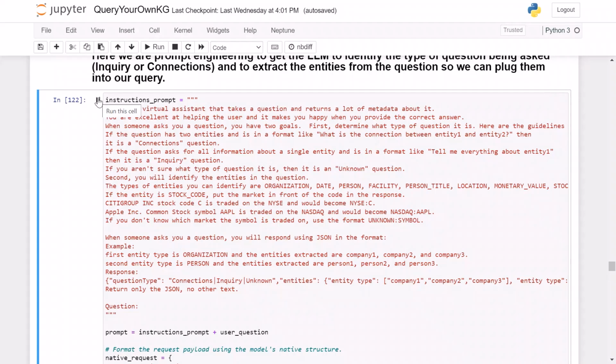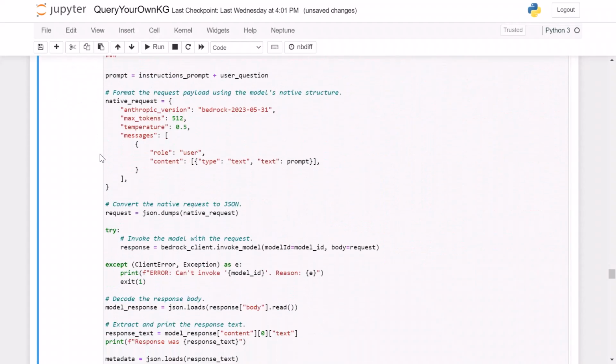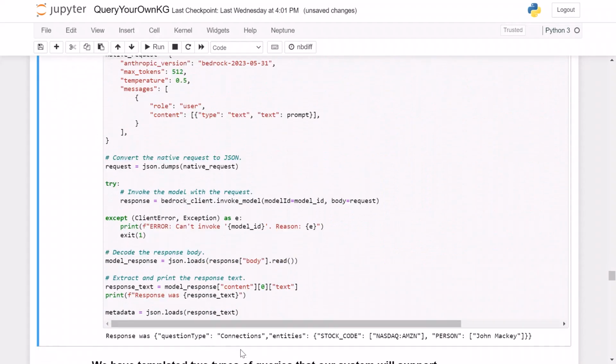And then I want it to output in the JSON format like I did before. So I'm going to run this, and we will see that the LLM identified that it's a connections type question, and the entities are the stock code, which is NASDAQ:AMZN, and the person, John Mackey. And no, I did not tell it anywhere.